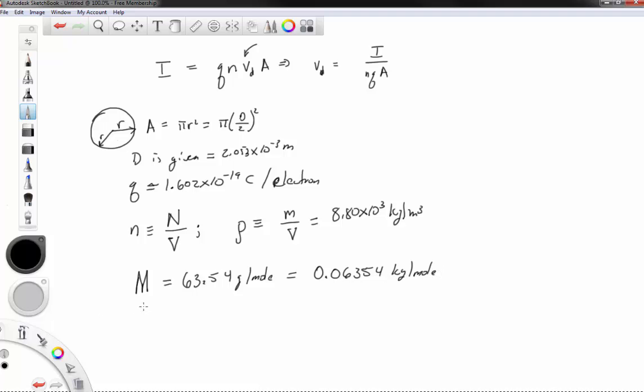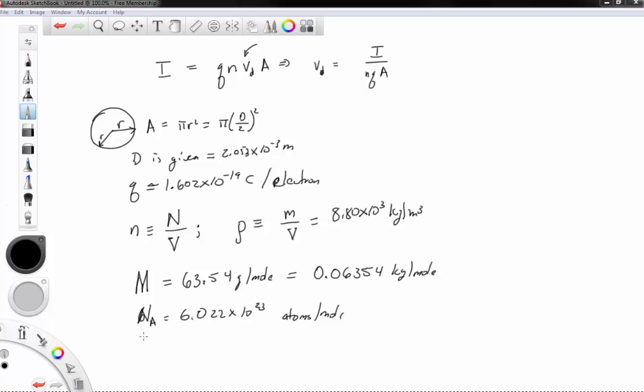Second thing is that we have the Avogadro's number, 6.022 times 10 to the 23 atoms per mole. So this is how many atoms we find in a mole. This is how many kilograms we find in a mole.